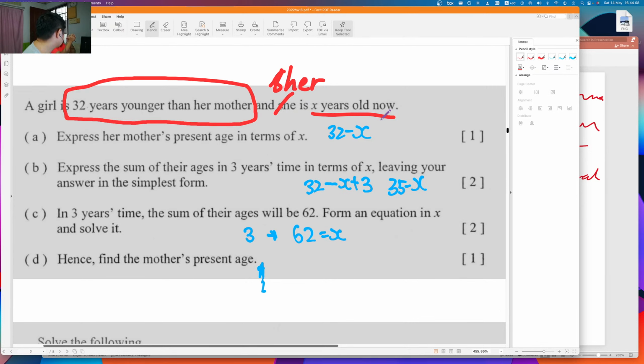So, a girl is 32 years younger than her mother. Can you rephrase this?